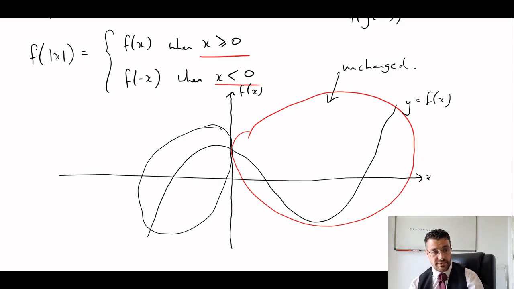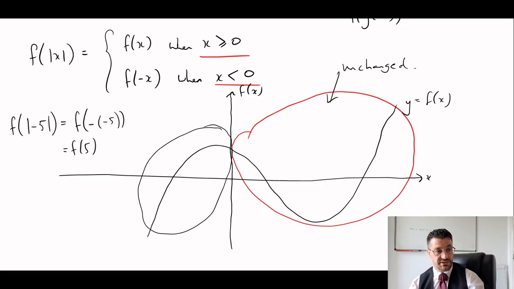But then, what about when x is less than 0? Well, let's take a particular example, right? So let's say I want to find f of the modulus of minus 5. This is going to be equal to, according to my definition, f of minus 5, which is equal to f of 5.